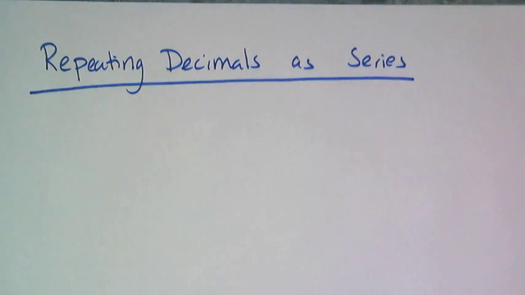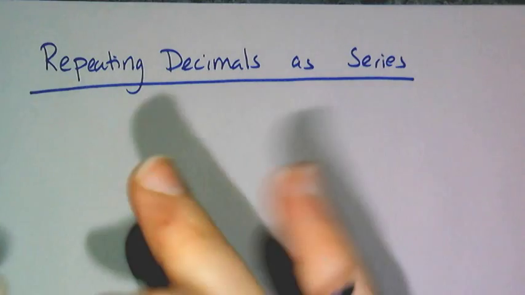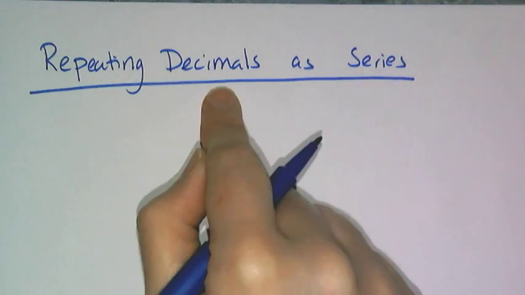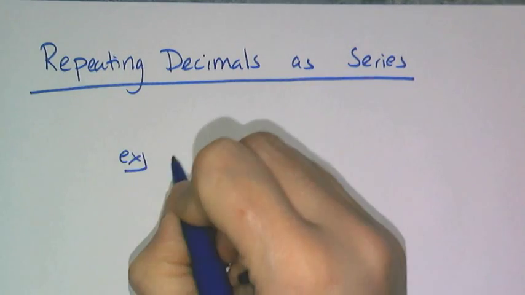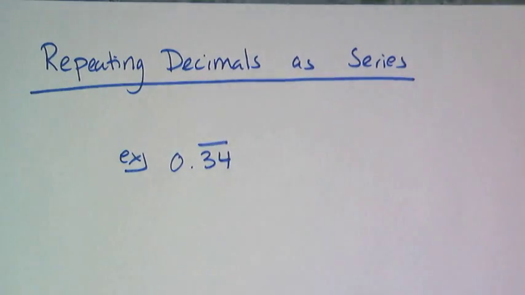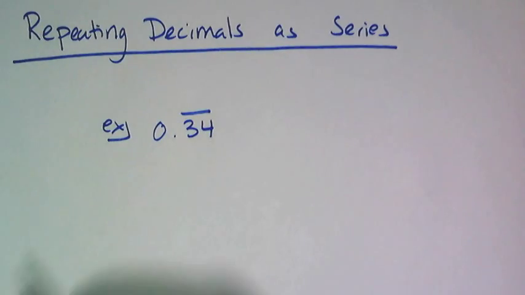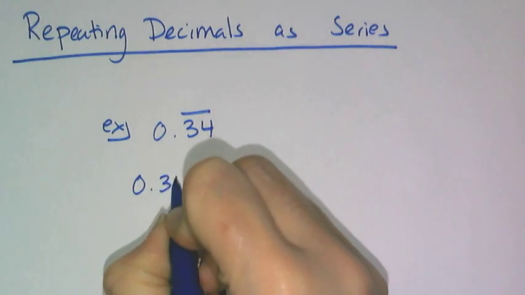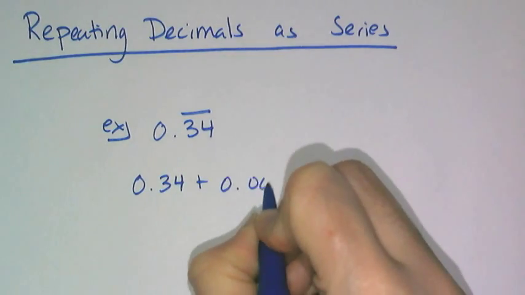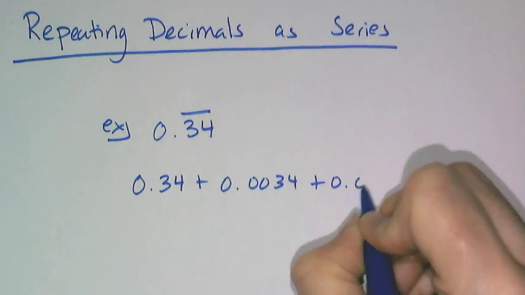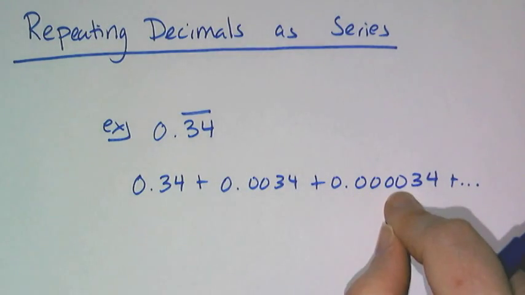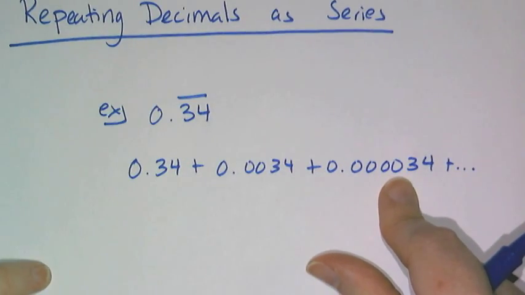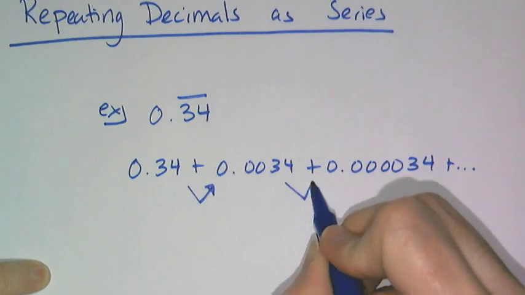Now, one cool thing you can do with the series is to reimagine what a repeating decimal is. A repeating decimal is really an infinite geometric series. So for example, if I have 0.34 repeating, if I think about what this is in terms of a series, it's 0.34 plus 0.0034 plus 0.000034, and every single time I'm adding 2 zero decimal placeholders there, which means that this actually has a multiplier.